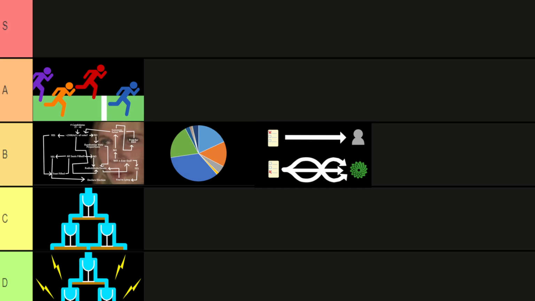Mixed member proportional does it better in a lot of ways than party list. Now you might argue, why is party list still in B tier? The issue is, at the end of the day, any proportional system is going to have the same net result.